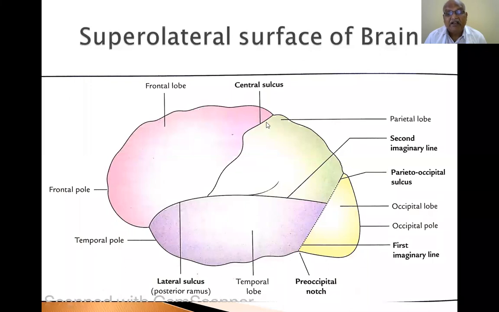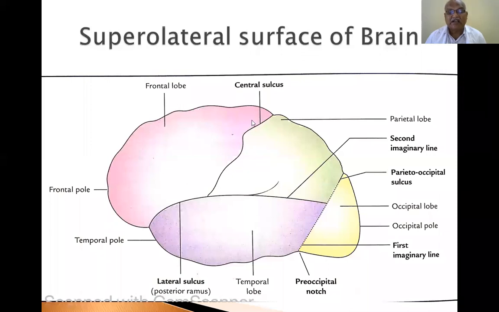Just a little behind the center of the frontal and occipital poles is the central sulcus. A few centimeters behind the midpoint between the anterior pole, frontal pole, and posterior pole, occipital pole, is the central sulcus.